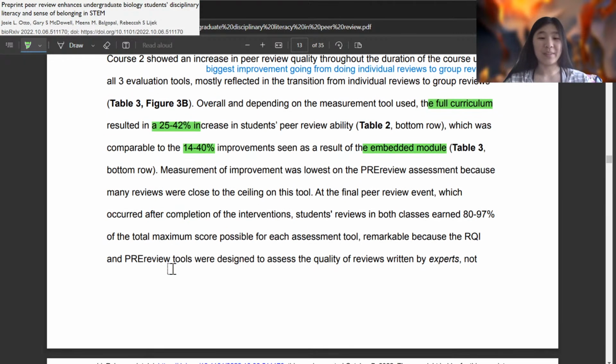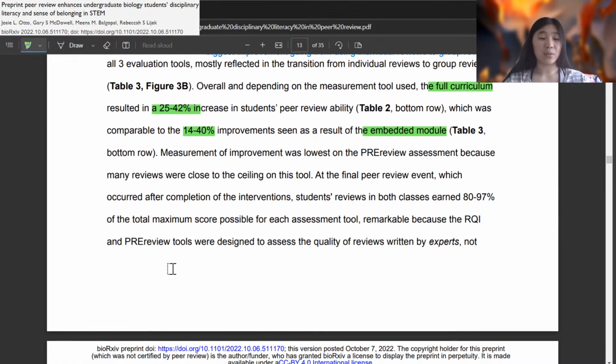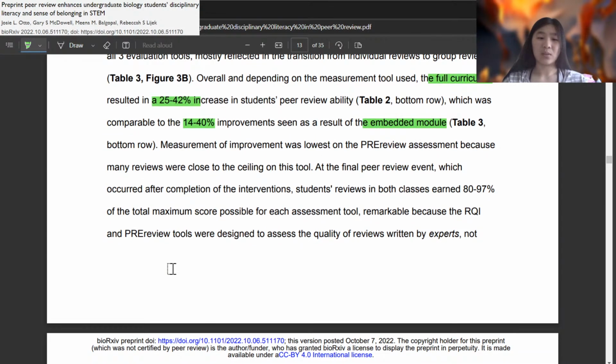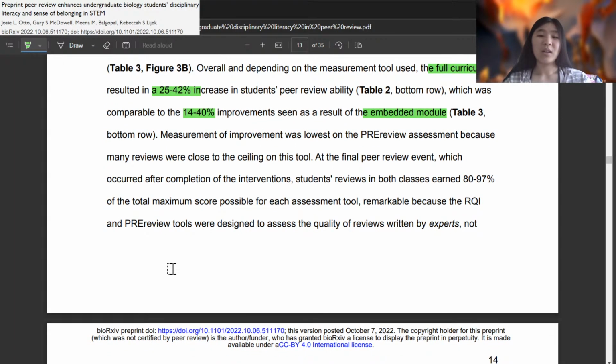Measurement of the improvement was lowest on the pre-review assessment because many reviews were close to the ceiling on this tool. Oh, okay. So basically, if you have a ruler, let me draw. If you have a ruler, when they're close to the ceiling, that basically means most people's measurements are towards the end of the ruler.